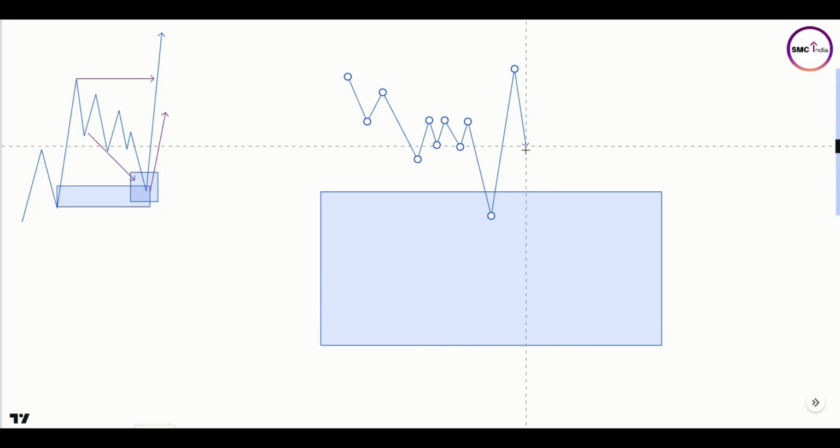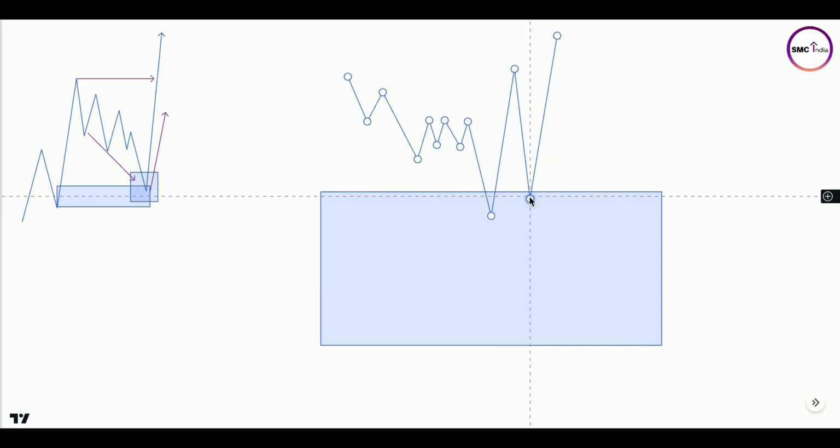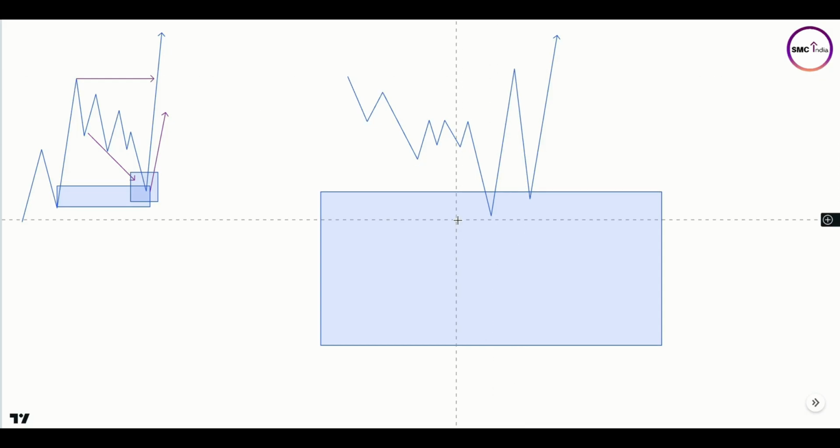And then you wait for the unmitigated order block here to be tapped and then put a long position here, targeting this high if you are doing intraday, or if you want to hold this stock either in futures or in options where you find good leverage, you could win high risk to reward ratio trades. It may be 1:20, 30 and so on.